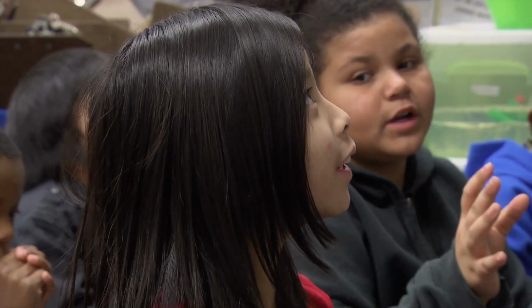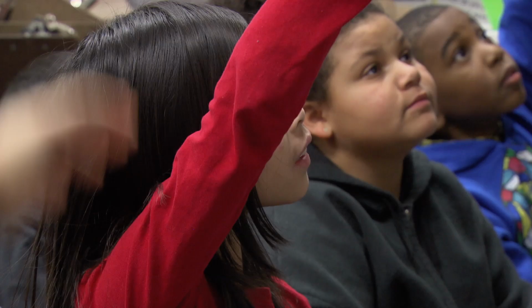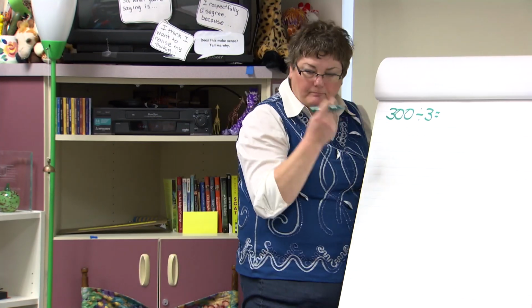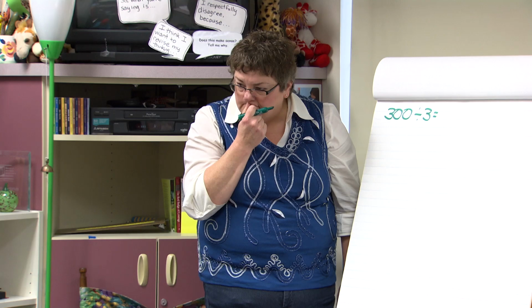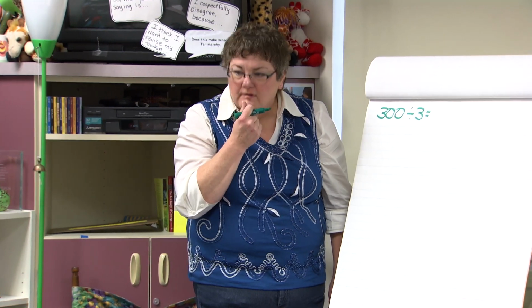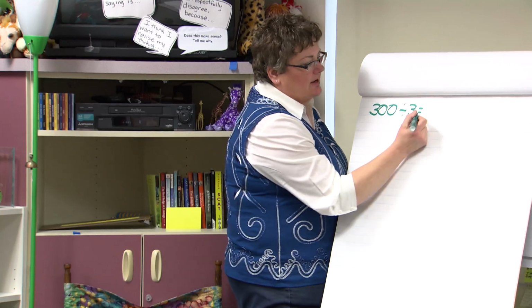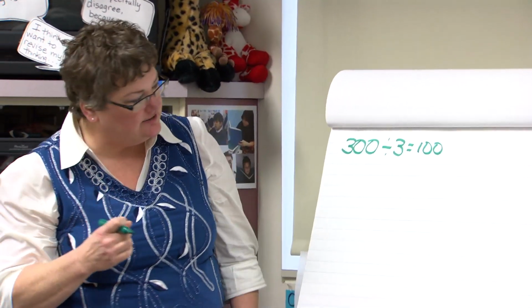Let it go. 100! Who would like to tell me about how they knew it was 100? Nation? Because I know that you can use multiplication to help you, and that I know that 3 times 100 equals 300. Look at everybody agreeing with you. Okay, so I didn't hear anybody disagreeing or anybody had a different answer.